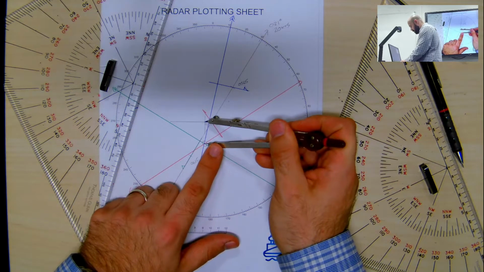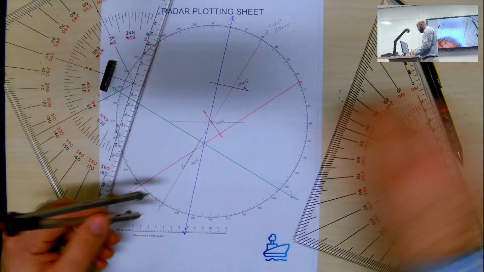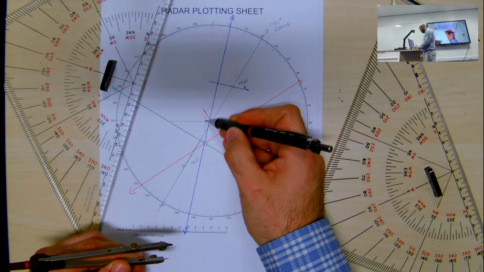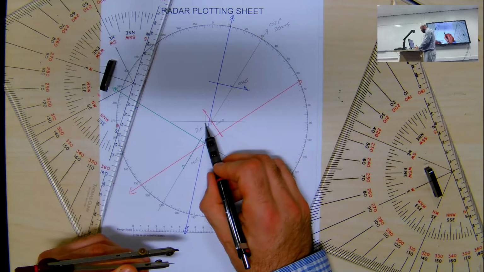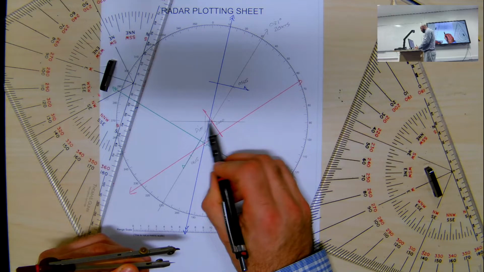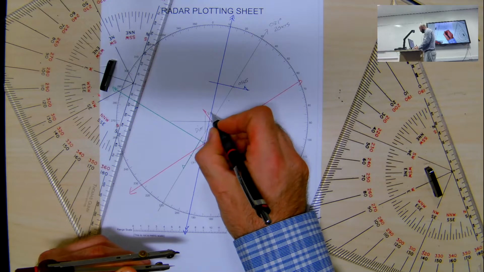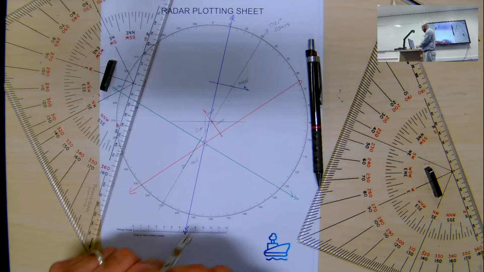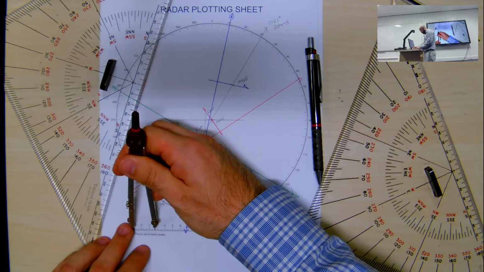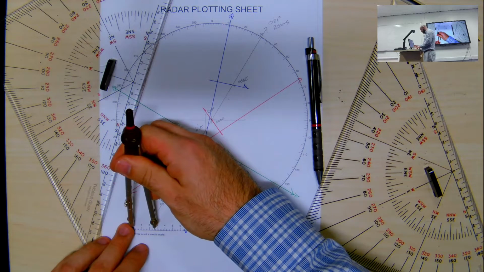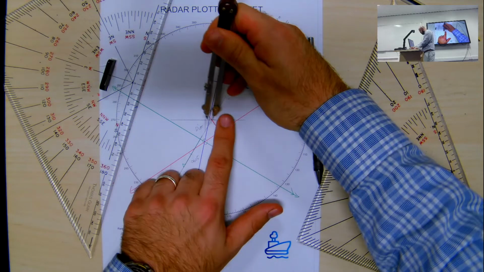So D-lat is going to be the vertical distance between your observed point and this east-west line. Departure is going to be the east-west distance from this point to this point. That's your departure. So measure your D-lat.